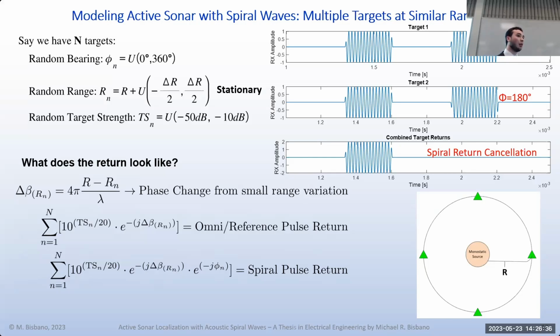So if they're 90 degrees apart, they might add together and look like one big target 45 degrees in the middle, a little smaller. But yeah, there's a lot of interesting behavior that can happen with multiple targets at the same range. So I just wanted to showcase that here. It's not always simple processing.